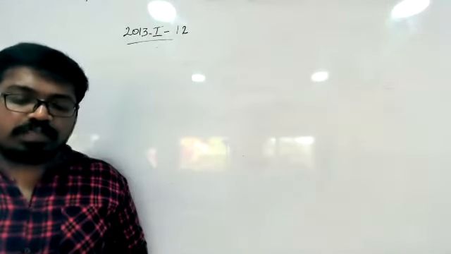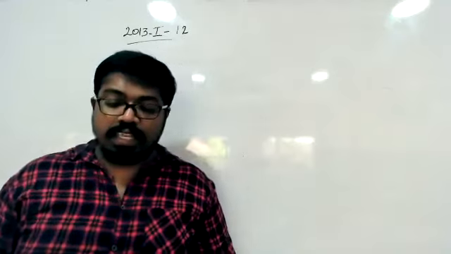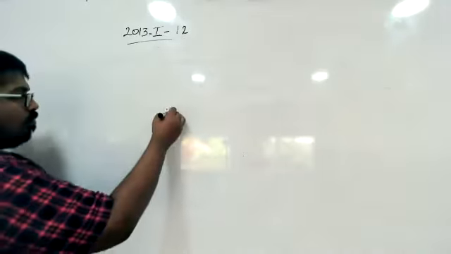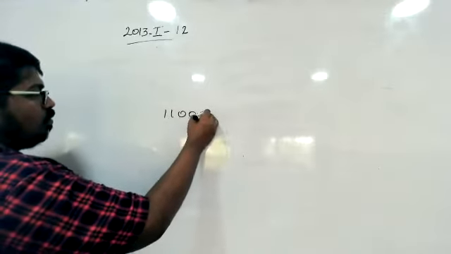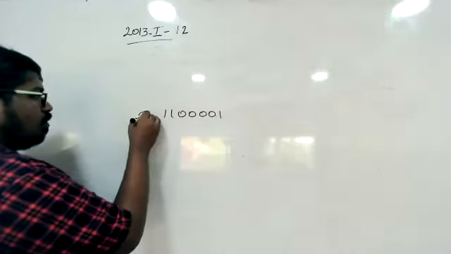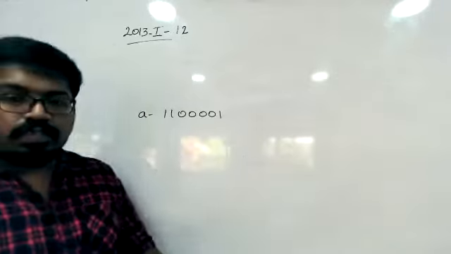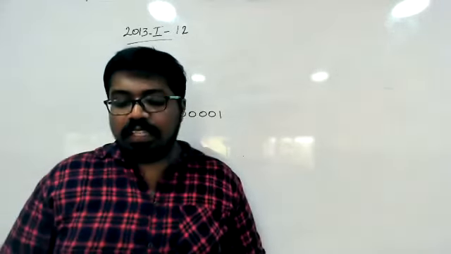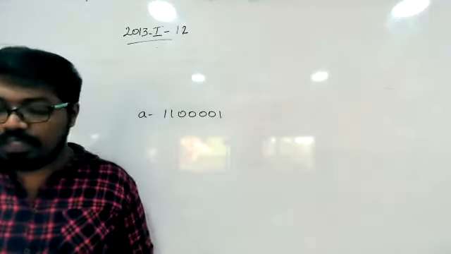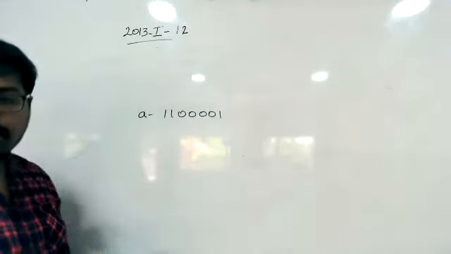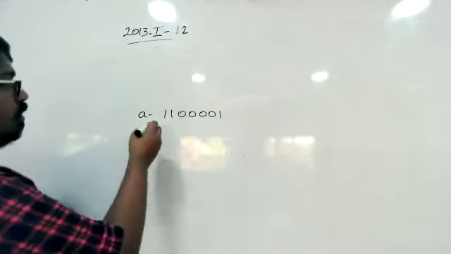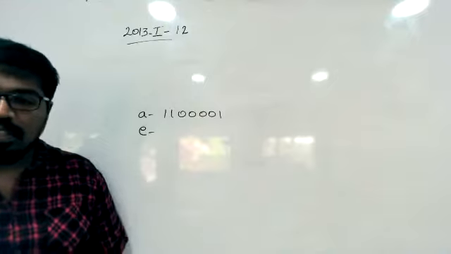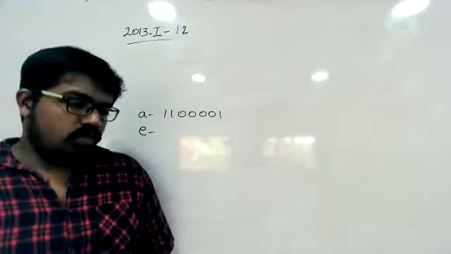If the character small a is represented in ASCII as 11000001, it is small a. Then the character E would be represented how? They ask you E. Right? So that is your question.